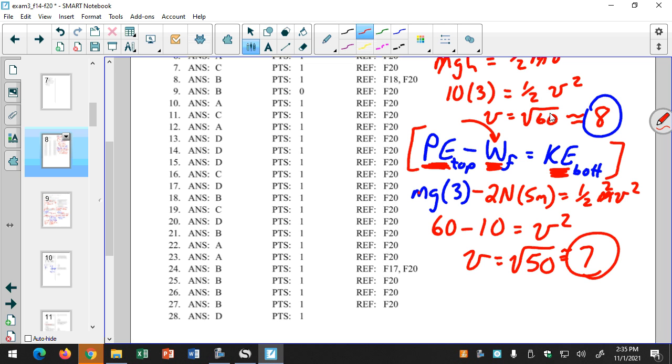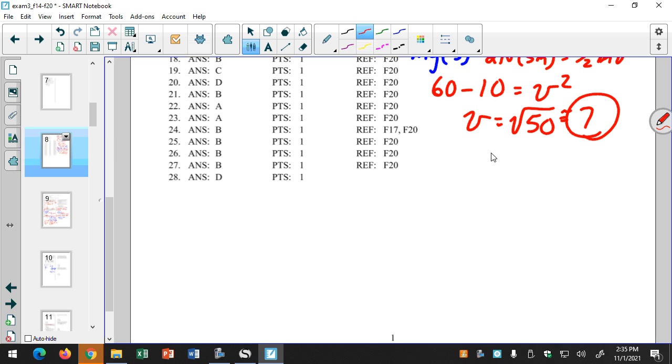Well, for potential energy, you're looking for a change in height. For kinetic energy, you're looking for a change in speed.